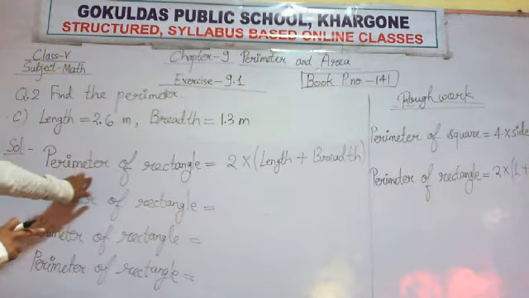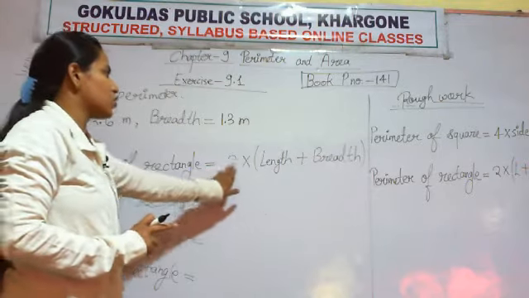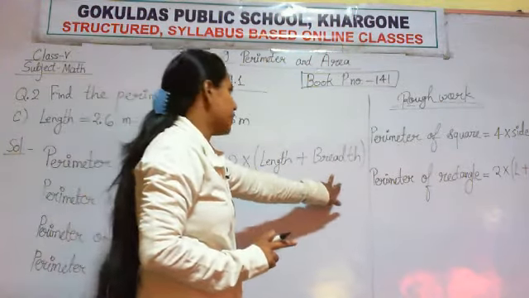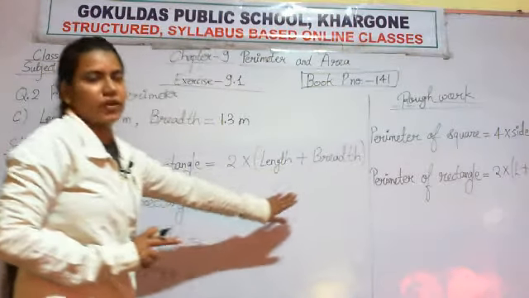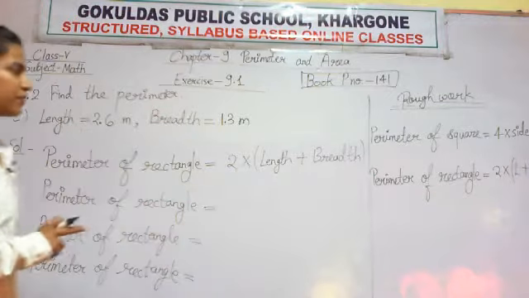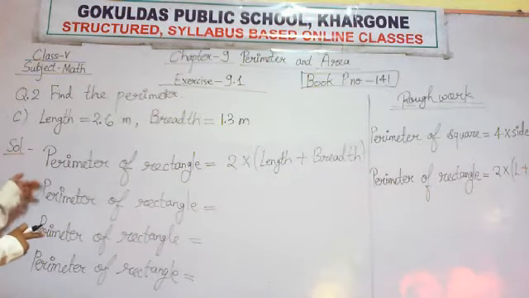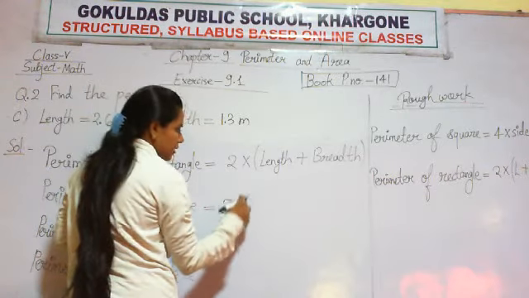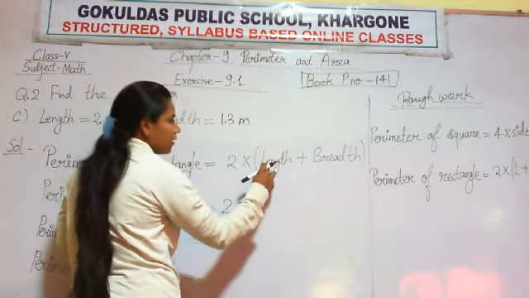The formula is perimeter of rectangle is equal to 2 multiplied with bracket open length plus breadth bracket close. We will put all the values of length and breadth in our formula. So let us do it. Perimeter of rectangle is equal to 2 we will write down as it is, multiply as it is, bracket open, length.